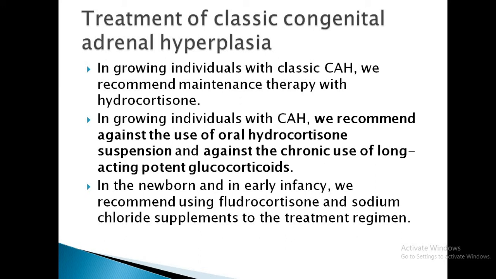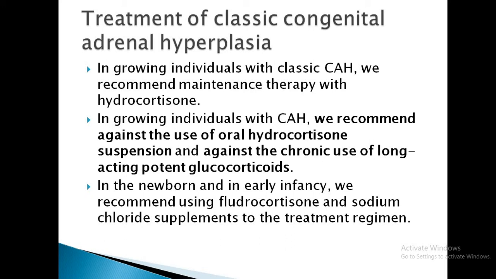Prednisolone and dexamethasone are effective in suppressing adrenal androgens in children with CAH, but these are more likely to impede statural growth, so they are not recommended. So the adult height of patients with congenital adrenal hyperplasia correlates negatively with the dose of the glucocorticoid administered in early puberty.